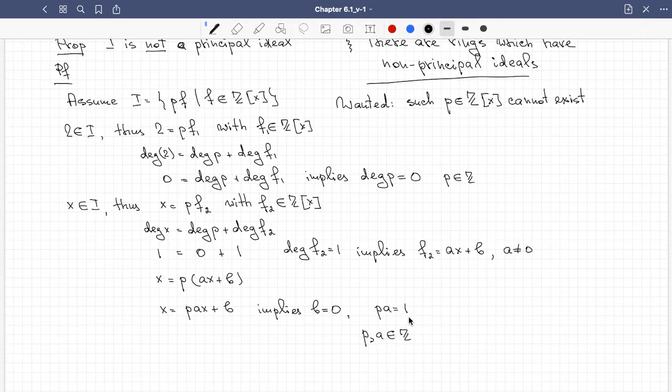The product of two integers can be 1 only if both of them are plus or minus 1. This implies p is 1 or p is negative 1.